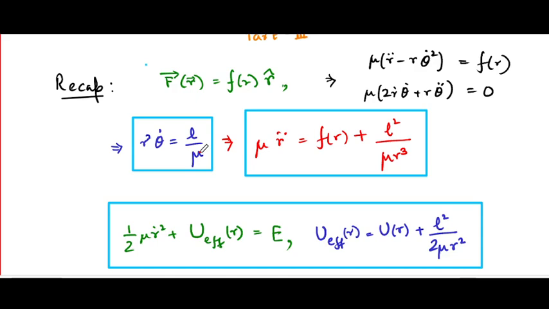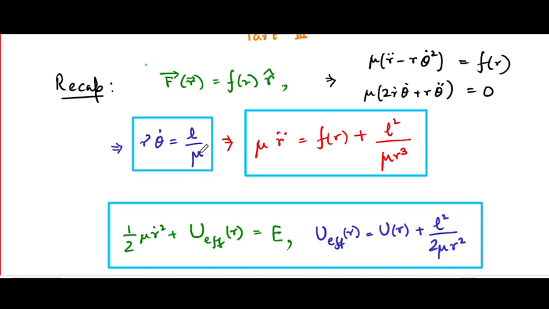The effective potential energy is the actual potential energy plus an additional term which really is half mu r squared theta dot squared, but which, using our conservation law which we had already established, works out to be L squared over 2 mu r squared. So U effective of r depends on the initial conditions, but apart from that, it is a function of r and r alone.